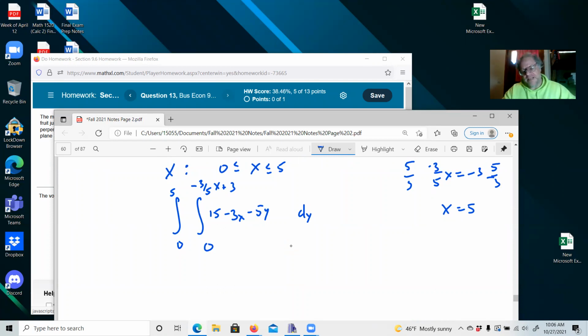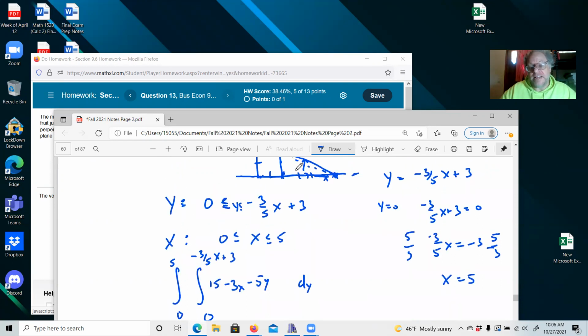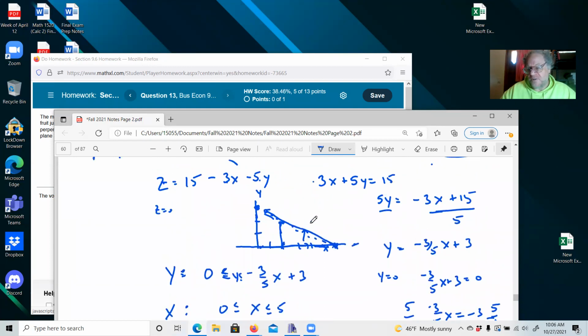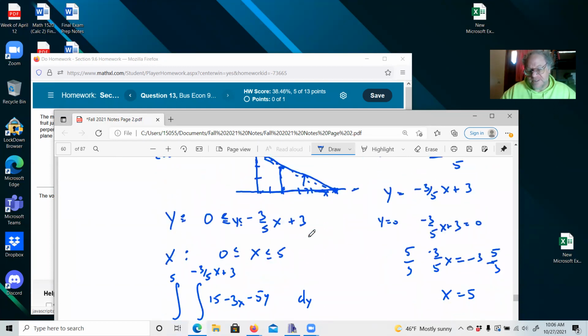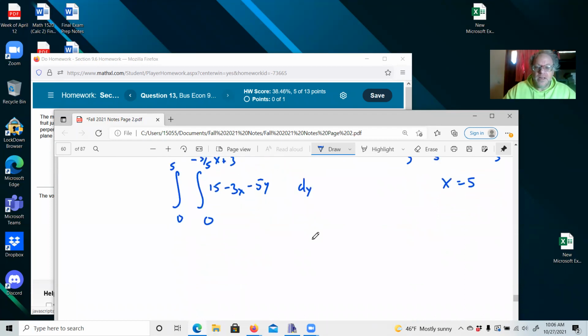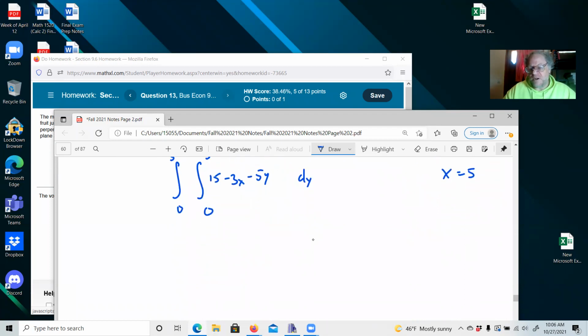So even though you might be tempted, we could change the integral limits, but we're not going to. I mean, it's a line, it's not going to be that bad, but most of us think in x's going to y's rather than y's going to x's. And this is not too bad of a problem. So if we just integrate this, this is 15y minus 3xy minus 5/2 y squared.